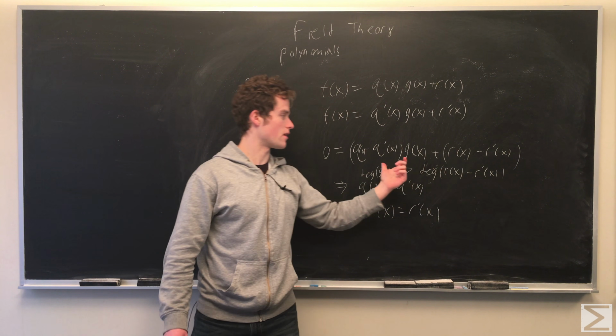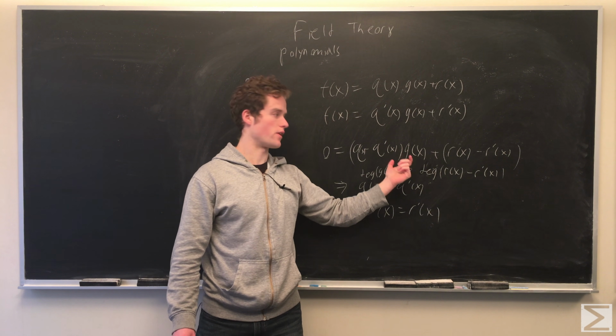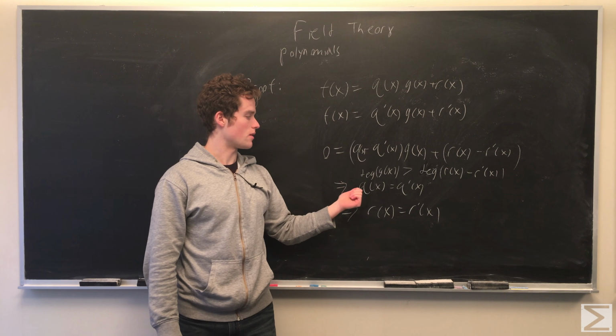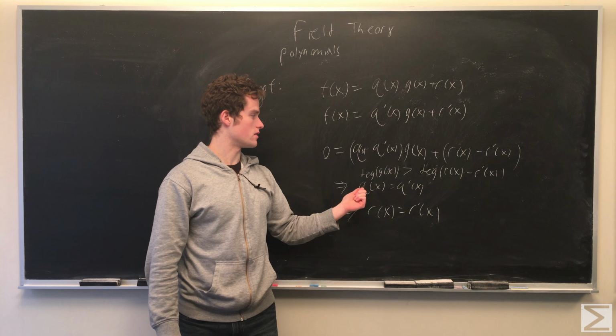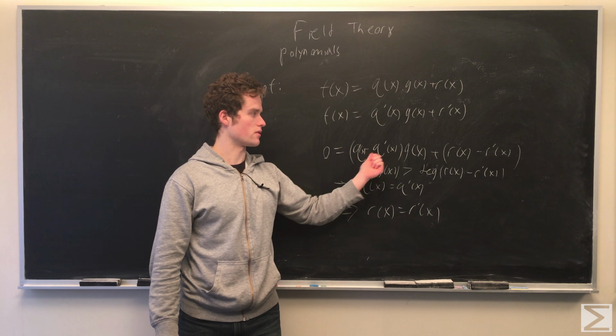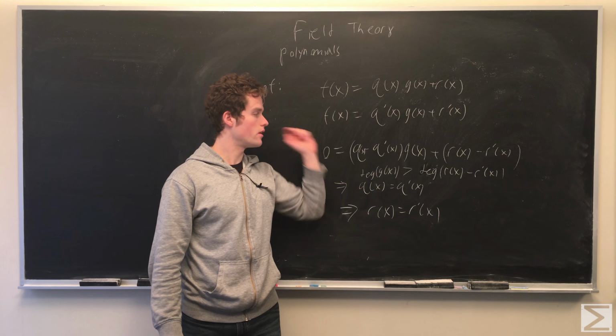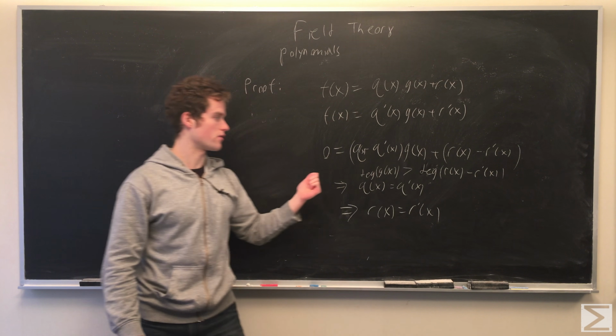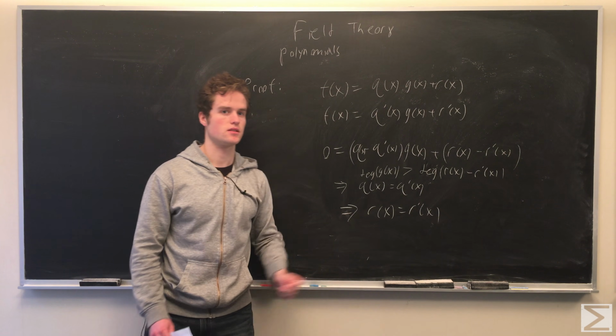So that means this whole thing will not be 0 if q(x) does not equal q'(x). So that means q(x) must equal q'(x), and so q(x) - q'(x) is 0, so 0 times g(x) is all 0. And so we're left with r(x) - r'(x) = 0, and so r(x) must equal r'(x).